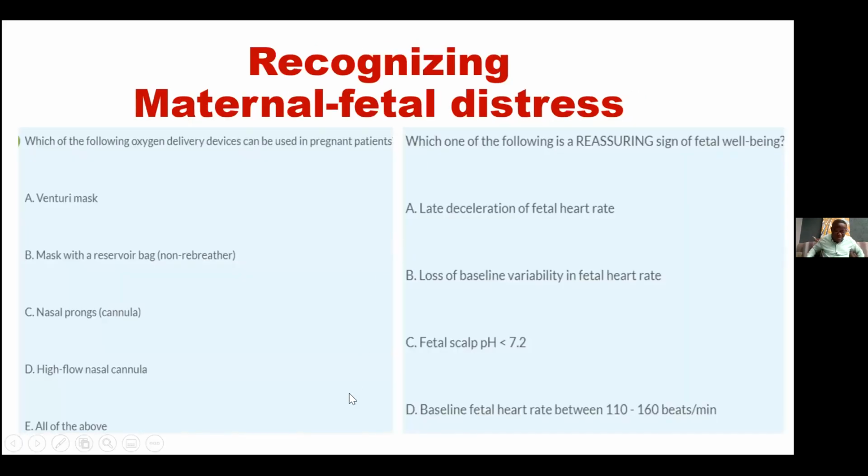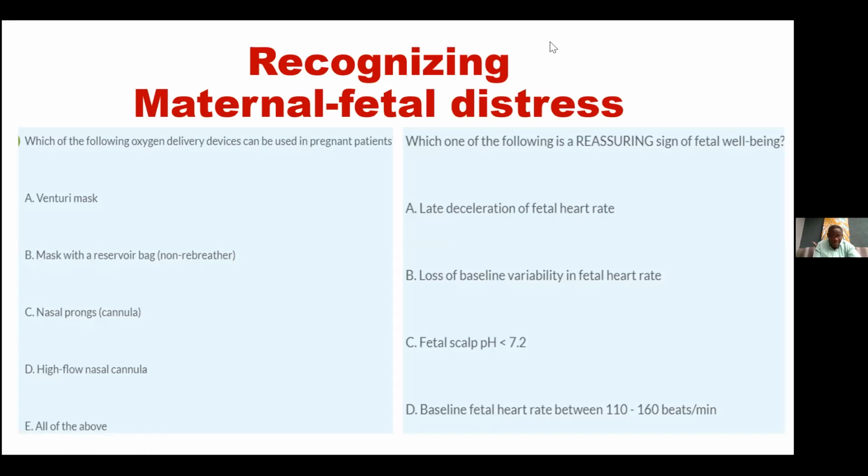Those are two questions, and please put the answers into the chat. Which of the following oxygen delivery devices can be used in pregnant patients? Feel free to choose your answer.